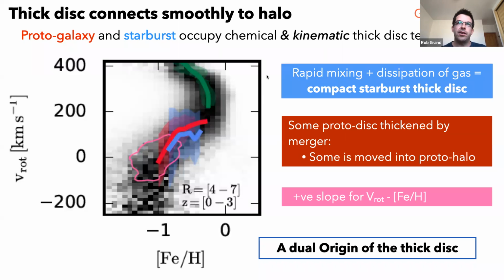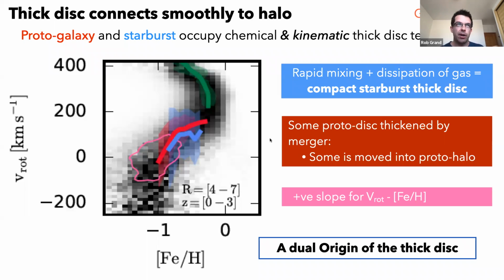And we interpret this as essentially the starburst material that formed mixed quite quickly to occupy a relatively narrow region of chemical space, and it dissipated the energy that it got during the starburst to form this compact rotating thick disk, which actually marks the end of the chemical sequence of the protogalaxy, which was also heated partially into this halo or this splash population to connect to the halo.